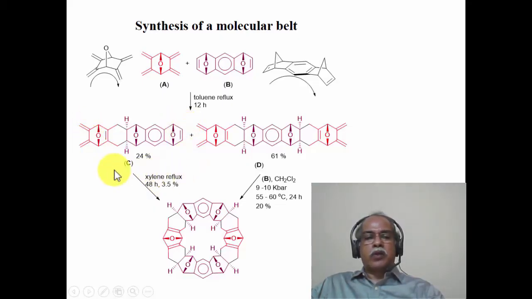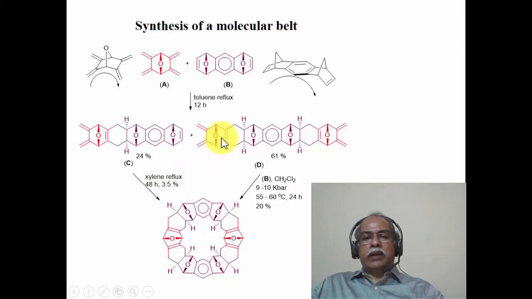So two molecules should line up such that the dienophile portion of the second molecule lies close to this, and the dienophile portion of the second molecule lies close to this. Such a Diels Alder reaction is very unlikely to happen because of the orientational problem that you have in this particular structure. Nevertheless, it produces the beltene in about 3.5% yield.